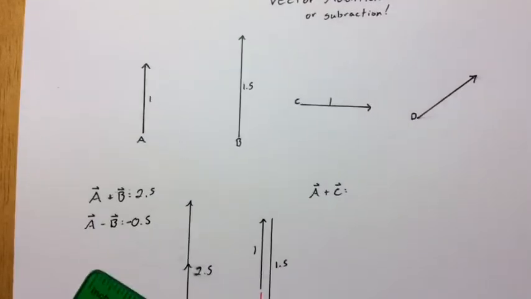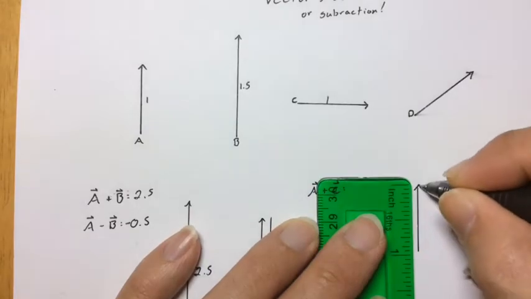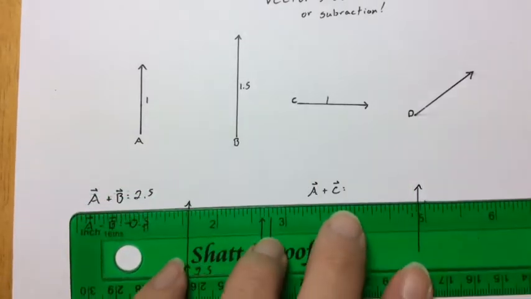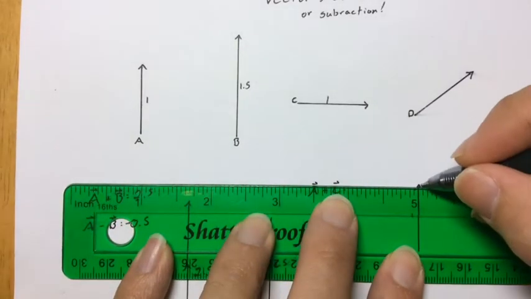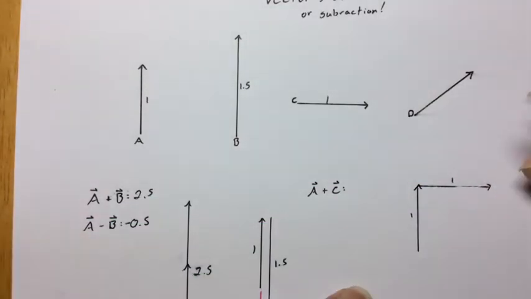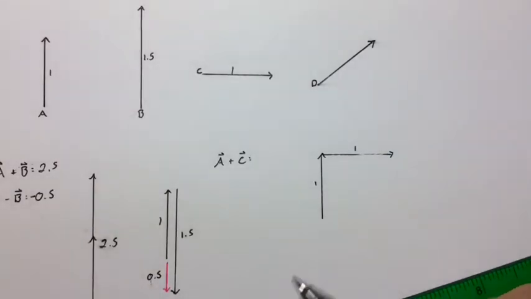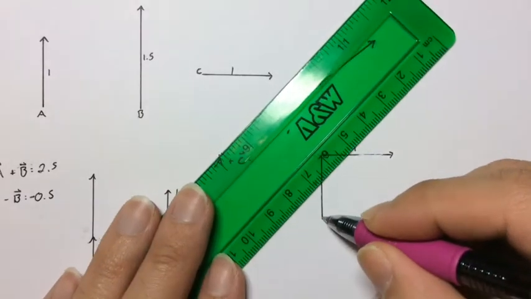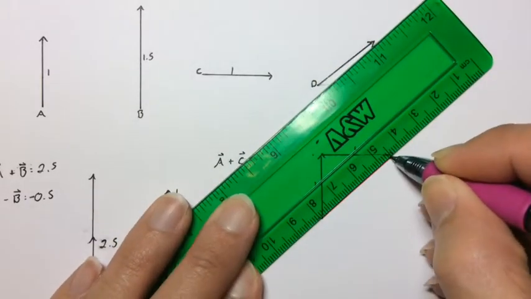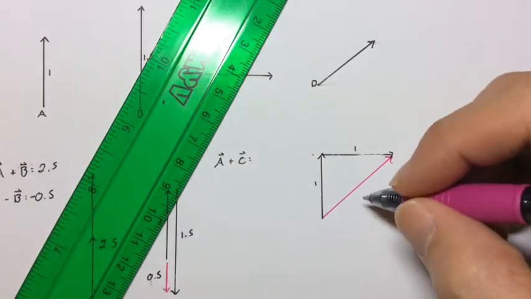But if we add the arrows like we should, I take vector A here, which is 1, and I take vector C here, going to the right, and that's 1. The resultant vector of these two put together should be going up and to the right and have properties of the things that make it up. This vector over here is called the resultant.